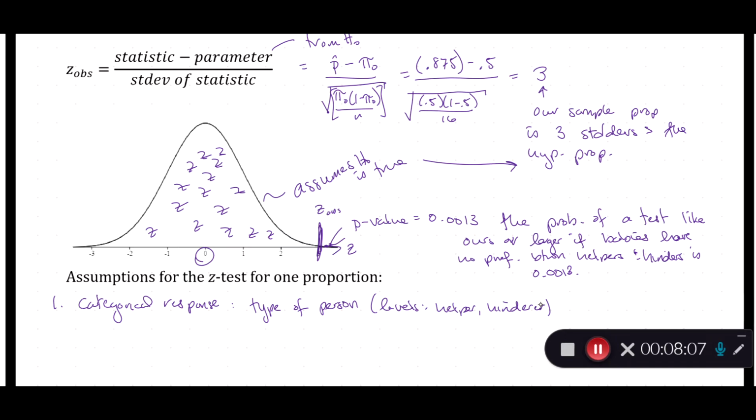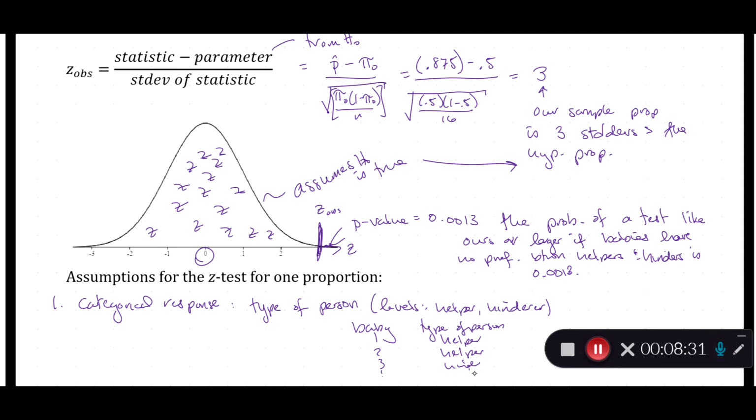So if I were to make a data table of this, I would have baby 1, 2, 3, and so on, and I would have type of person. And this first baby would probably have looked at the helper, the second baby would have looked at the helper, this third baby might have looked at the hinderer, and so on. So the levels, the actual entries in the data set, are the levels of the variable.